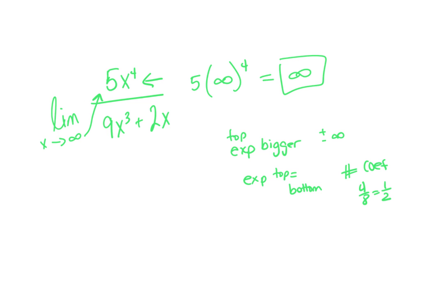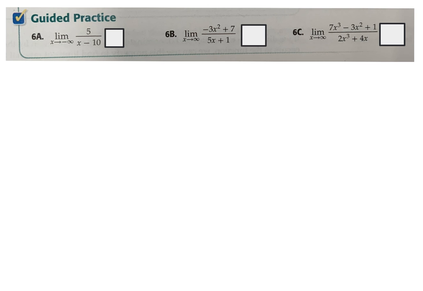And when the exponent on bottom is bigger, it's always going to be 0. Always. Those are your rules. Remember your rules for asymptotes? Those were the same rules. It's just you did not have an asymptote when your numerator was bigger. Now you're going to have an infinite limit.